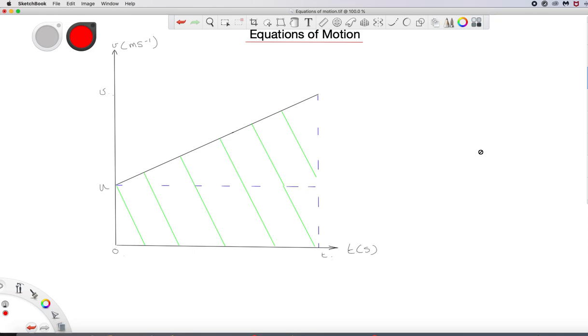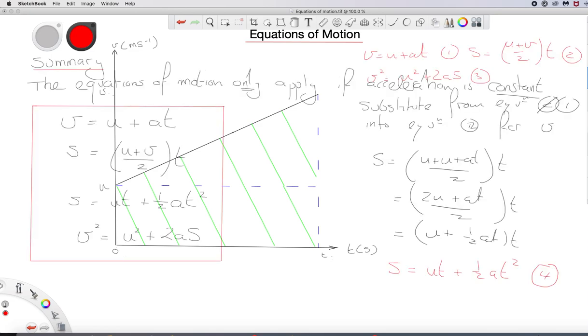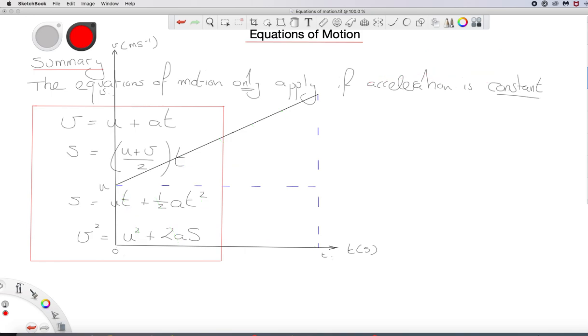You can work out an average acceleration or an average velocity, but you can't work out the actual velocity, the actual acceleration, because it's changing. So you need to have another way, and typically the other way is likely to be an energy consideration. So bear that in mind. Do not use the equations of motion if you don't have the constant acceleration condition satisfied.